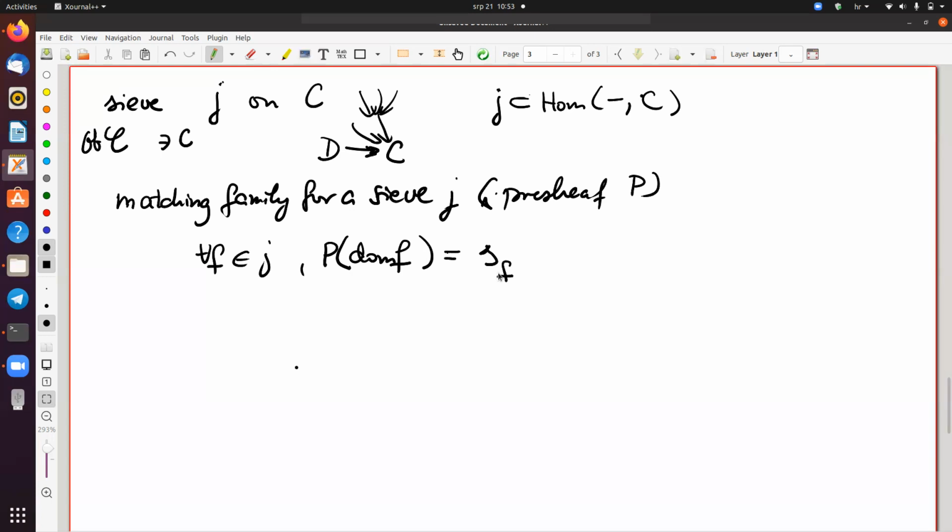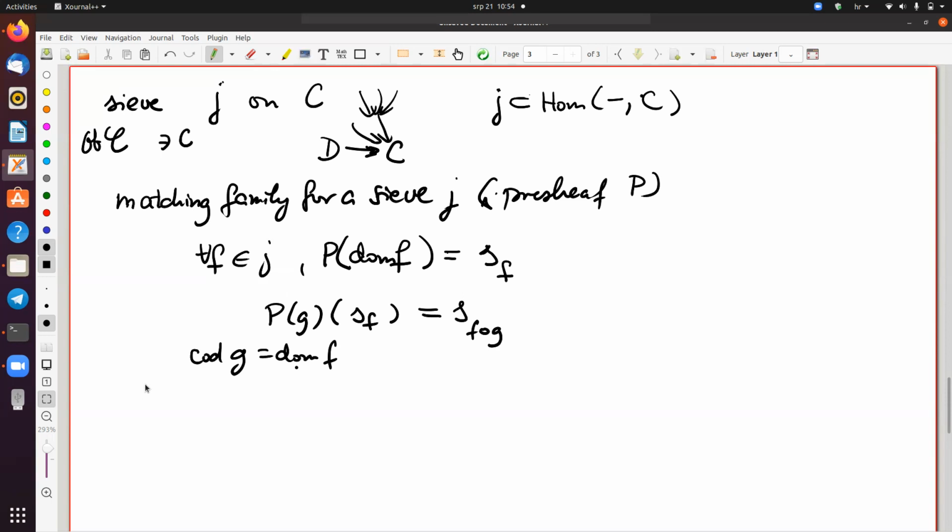You have some s_f, and then P of g, if the codomain of g is the same as the domain of f, and P of g applied to s_f has to be the same as s on f composed with g. This is also in J. So for every such arrow, it has to be like this.